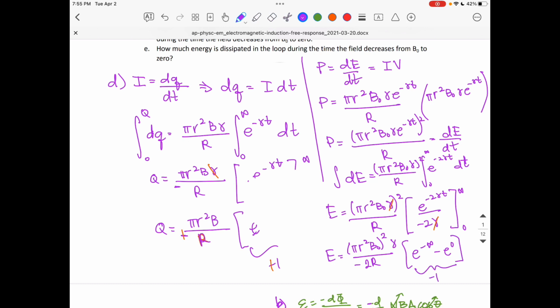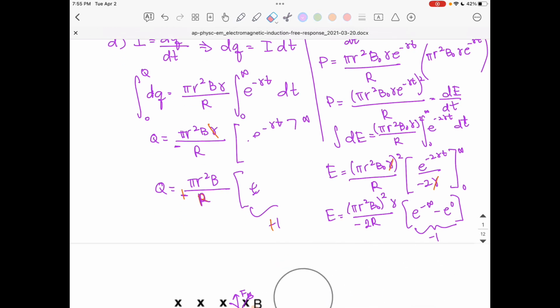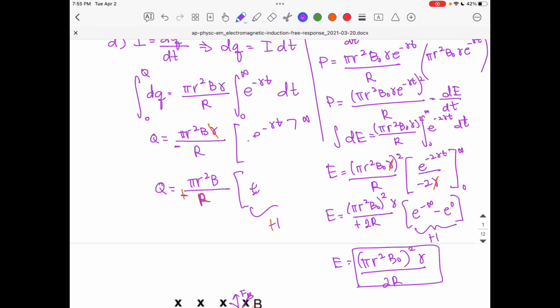And so, again, need to erase all this. But I've got E is equal to positive pi r squared B naught squared gamma all over 2R. And that looks like the correct answer from the answer key.